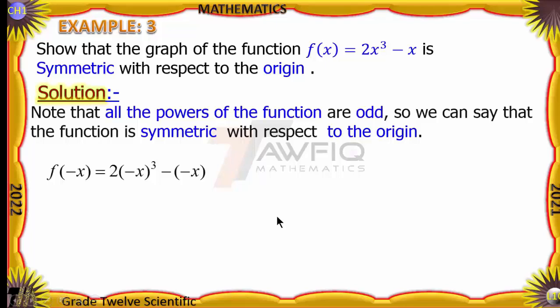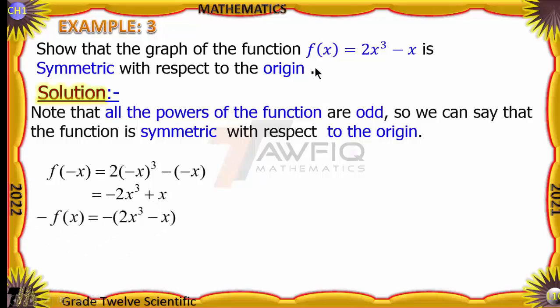To be sure, check this. Find f(-x) equals 2 times (-x) cubed minus (-x). (-x) cubed is -x cubed, times 2, then -2x cubed, plus, minus times minus is plus x.